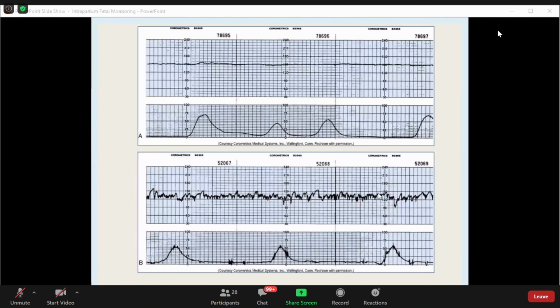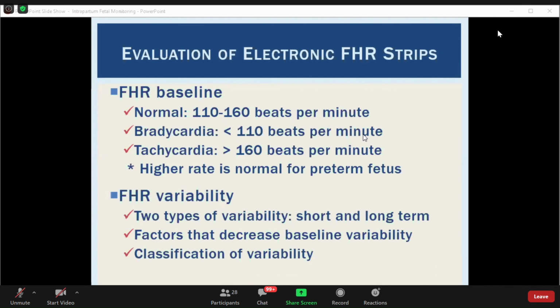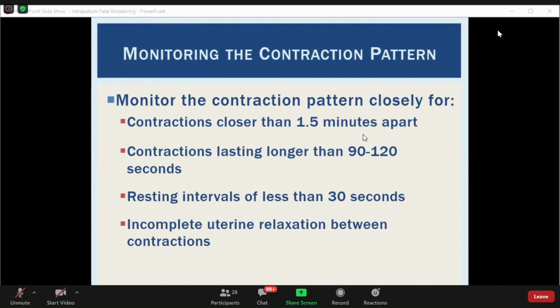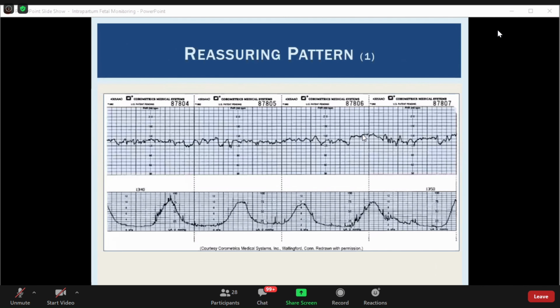Okay, we're done with that. We talked about this already, variability. Beautiful. Okay, just a reminder. All right. So this is a reassuring pattern. Now, when we talk about contraction patterns, we do not talk about normal or abnormal.